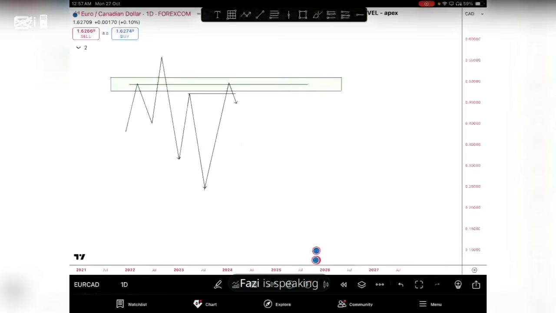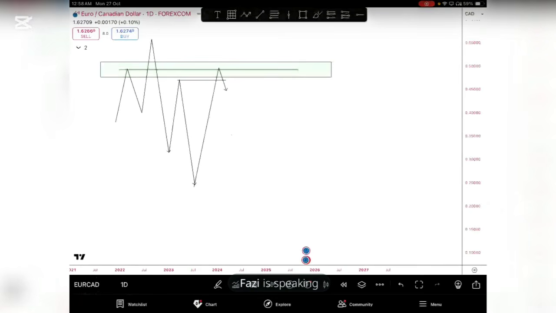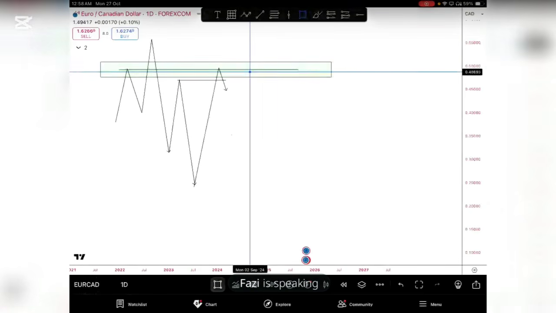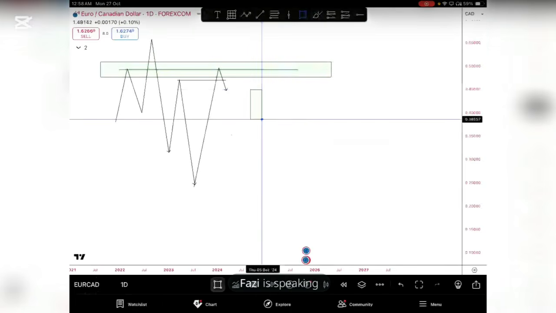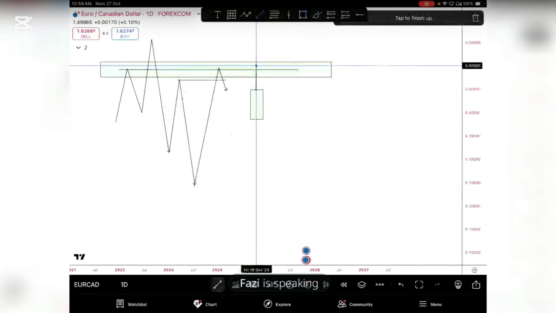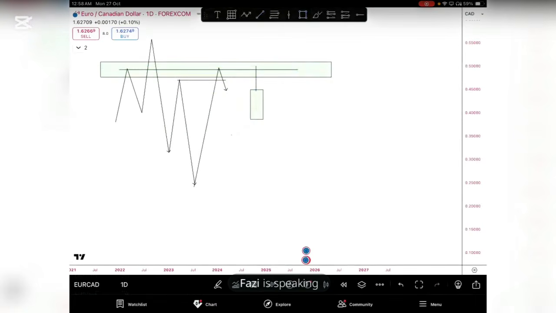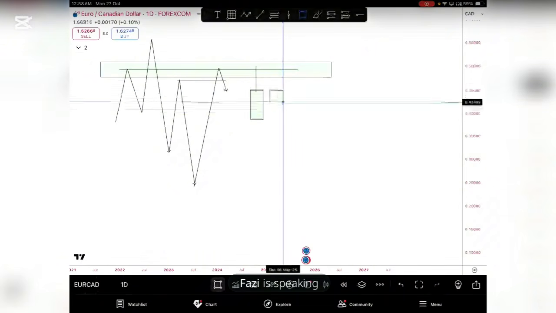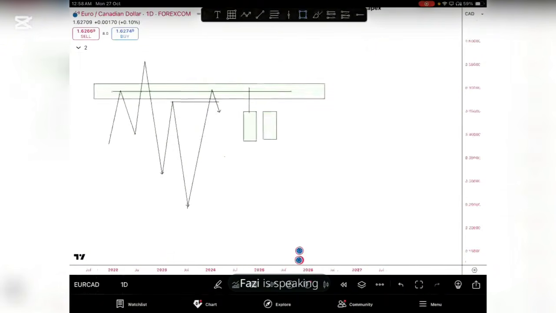So when you have a key level like this, I will choose the candle to reject from this key level. Understand? When you have a QM level, I will wait for the candle to reject from the key level. Then I will wait for any other candle to sweep that wick. Understand what I say?